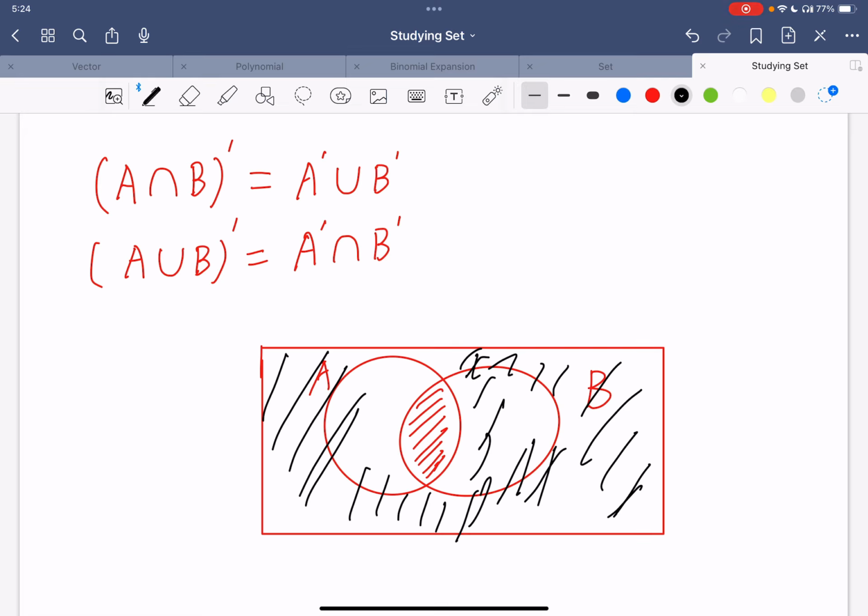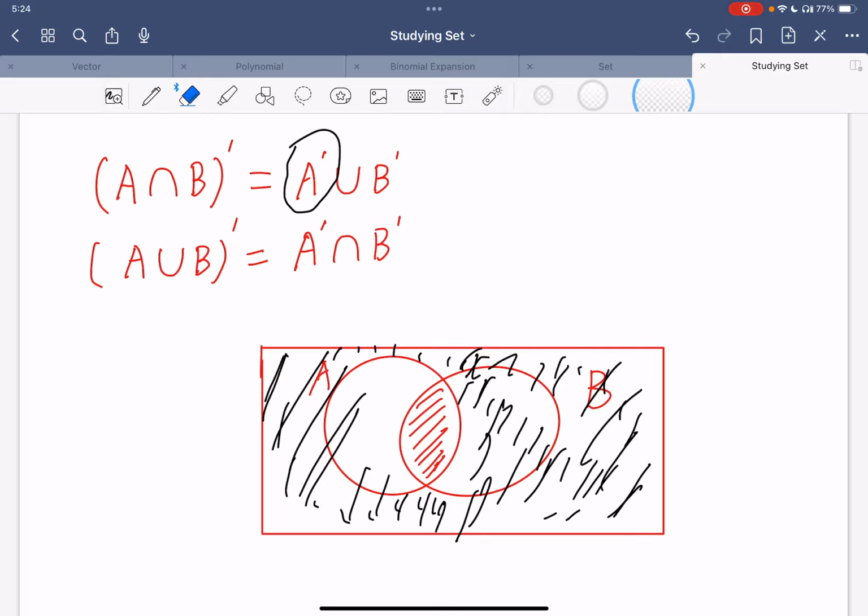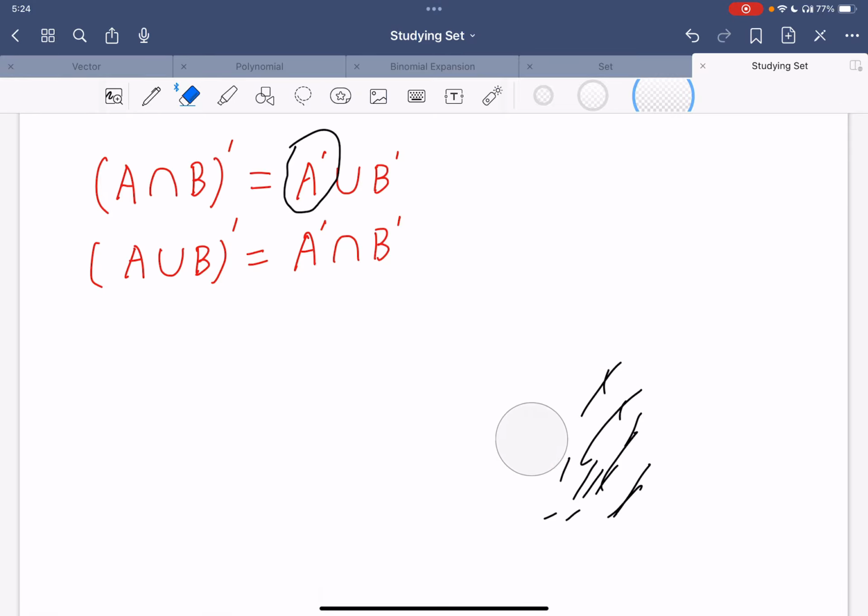And it is the same result as this one. If we apply it, the intersection of A, plus the intersection of B, you will get the same result after drawing several diagrams.